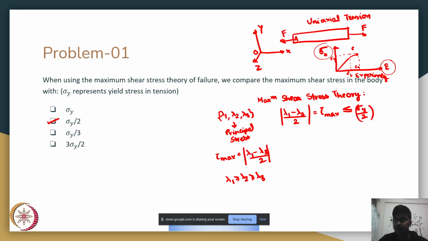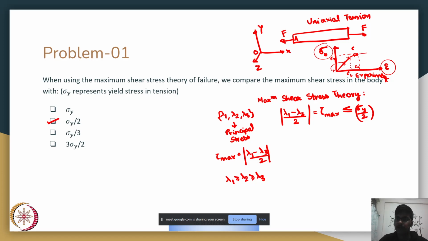What happens is, till this yield stress point, if you stress the body under uniaxial tension up to any of these x marks and then release it, the body will go back to the origin, which is the zero strain, zero stress condition.